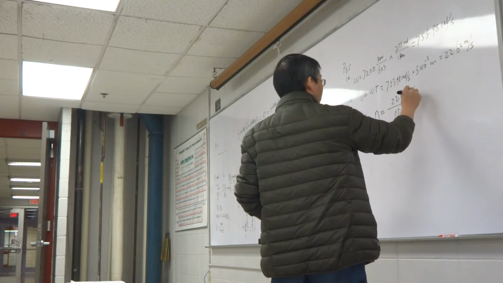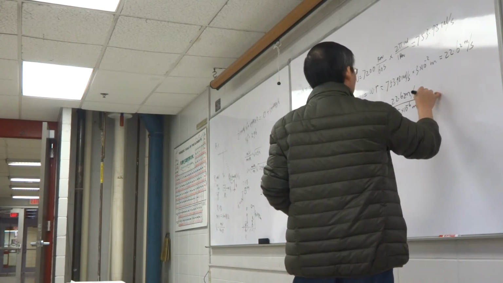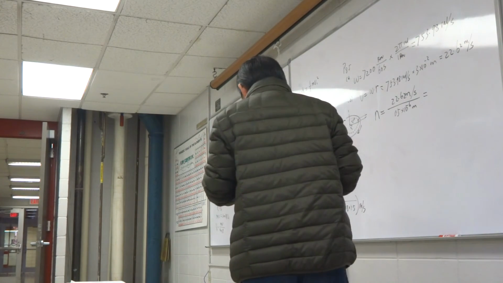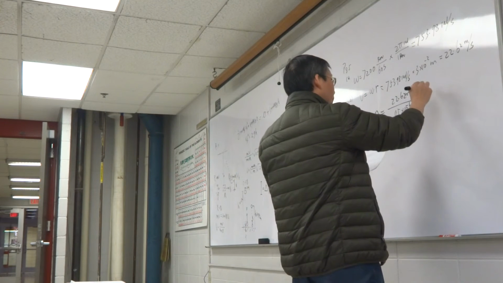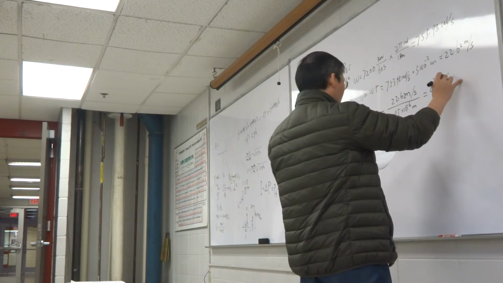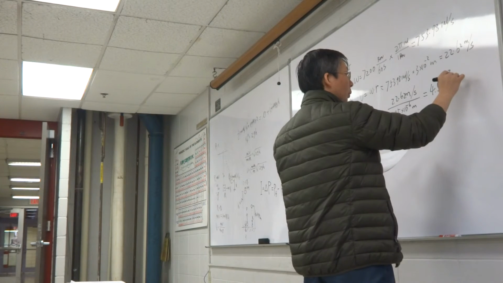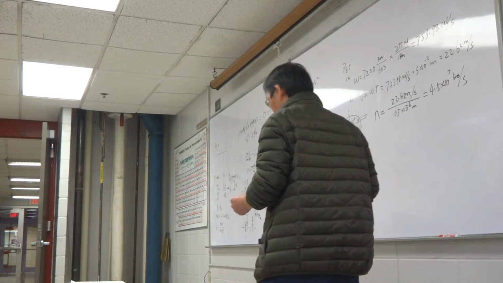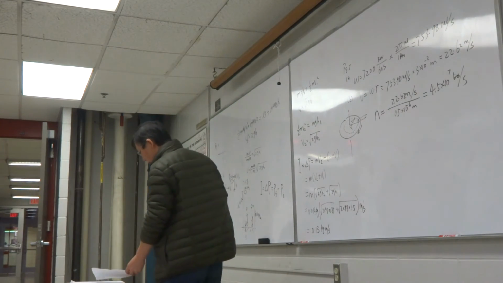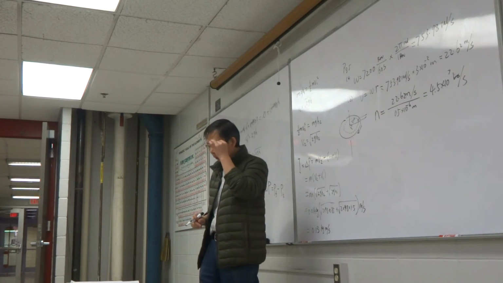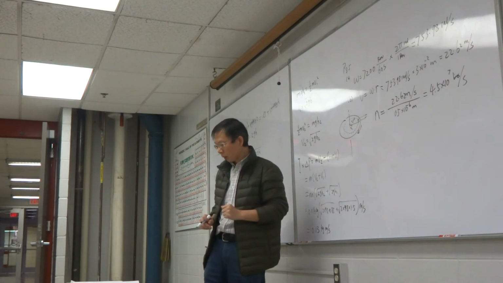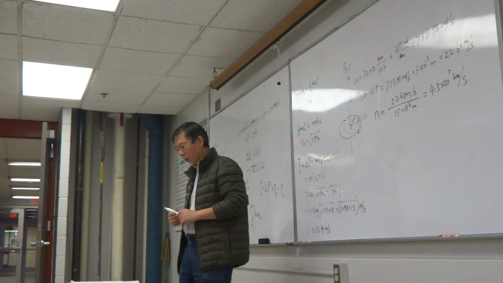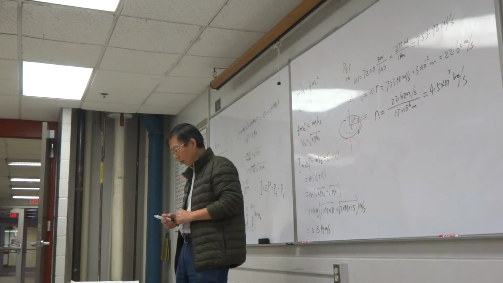Then you get how many bits in 1 second: 4.5 times 10 to the 7 bits per second. So this problem is just to review the concept of angular speed and its relation with linear speed.